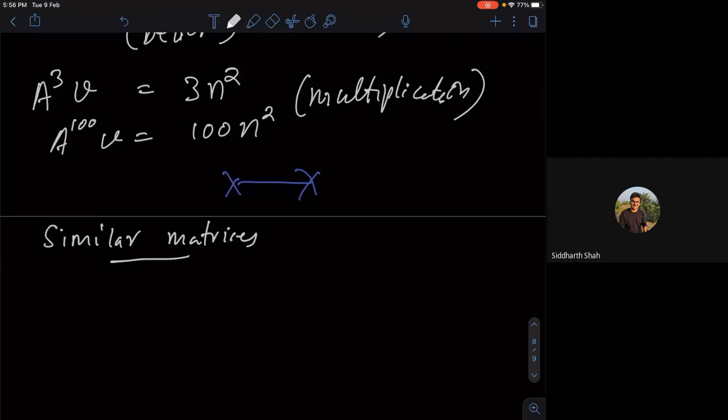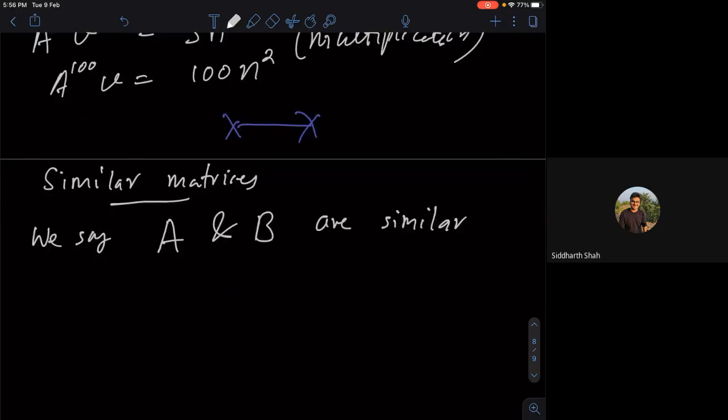We say matrices A and B are similar if I can write A is equal to M B M inverse.